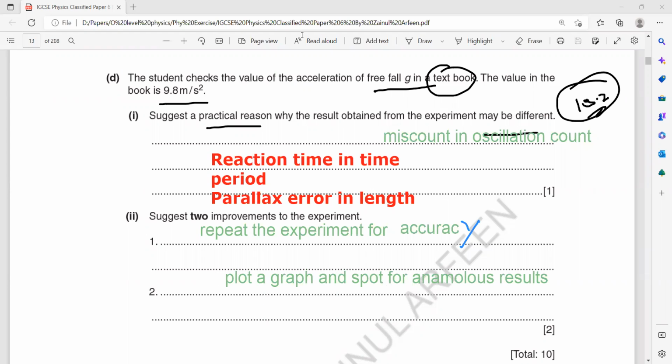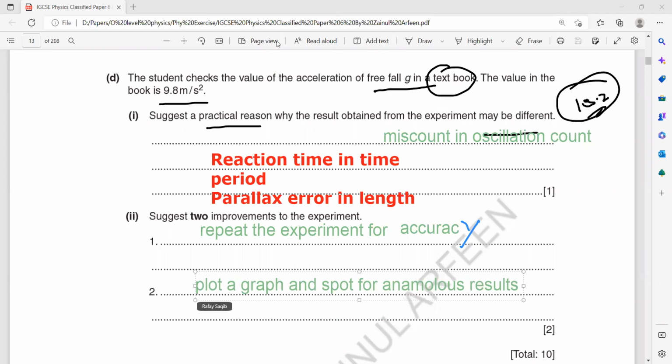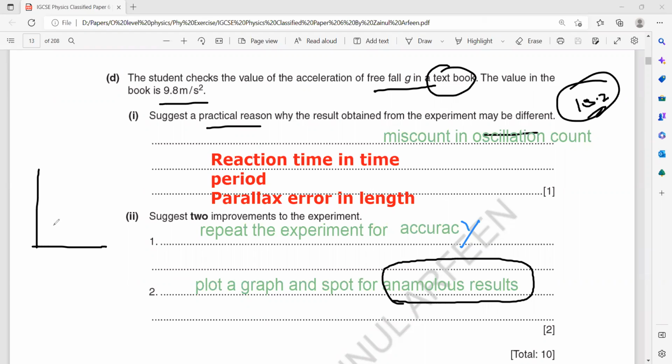So plot a graph and spot any anomalous result, that is right. An anomalous result means a result which is not in the range, not in the sequence. We can identify it from the graph: say there are points and one of the points is too far from the range. It means this result appears to be anomalous.